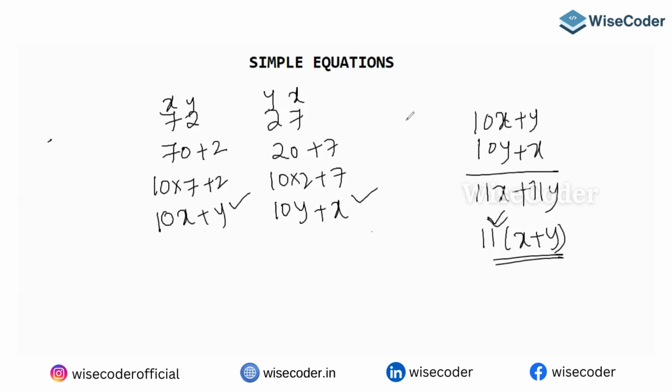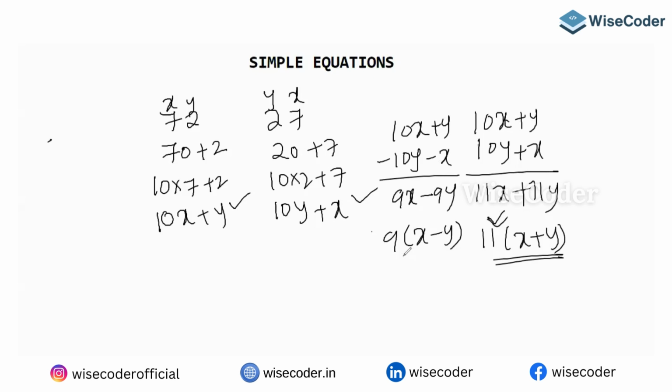On the other hand, subtracting, 10x plus y minus 10y minus x: 10x minus x is 9x, minus 9y. If I take 9 as common, it's x minus y, and it's a multiple of 9. So the two points are very clear. Point number 1, the two digit form is 10x plus y. Point number 2, the two digit reversed form is 10y plus x.